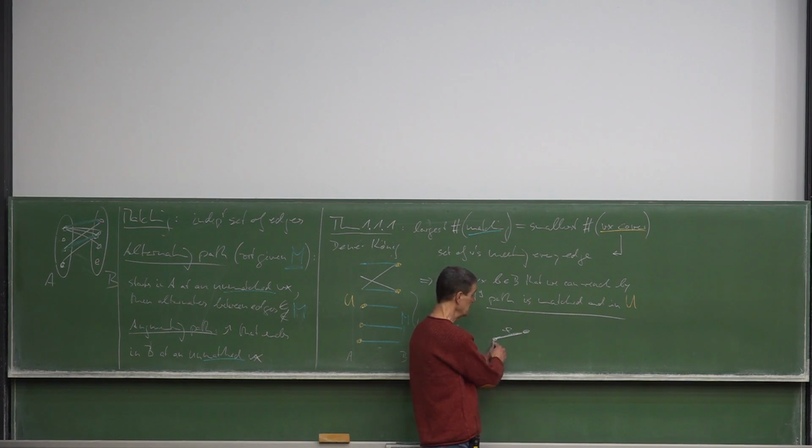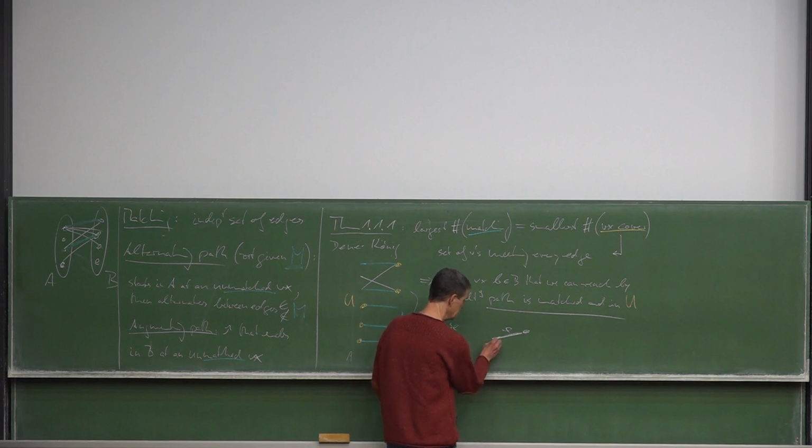So it can't be an augmenting path because M is largest. So this has to be matched. And then it must be the choice from its matching edge of a vertex in U because an alternating path ends there. So this edge E is covered. Good.